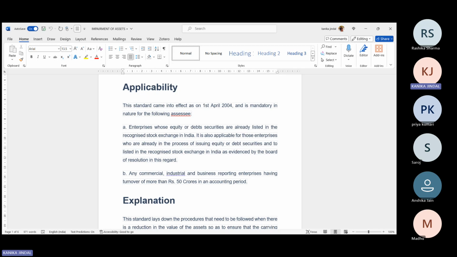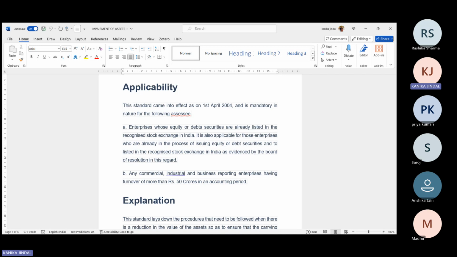So this standard is applicable and mandatory for the following two SSEs: the enterprises whose equity and debt securities are listed, or who are in the process of issuing equity or debt securities, and to be listed in a recognized stock exchange in India as evidenced by the board resolution.